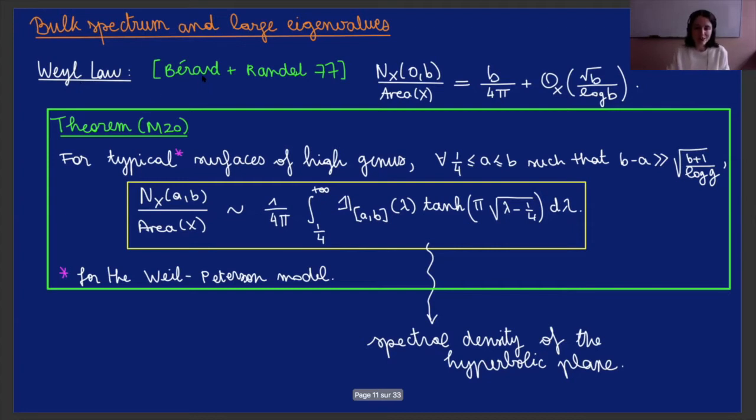In the setting of compact hyperbolic surfaces, the best result we have says that the number of eigenvalues between 0 and b, where b is a large number going to infinity, divided by the area of the surface is b divided by 4 pi, plus a constant plus something which is negligible, but there is an implied constant here which depends on the surface and the geometry of the surface.